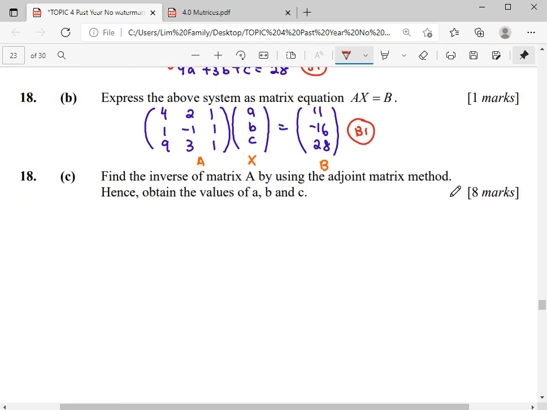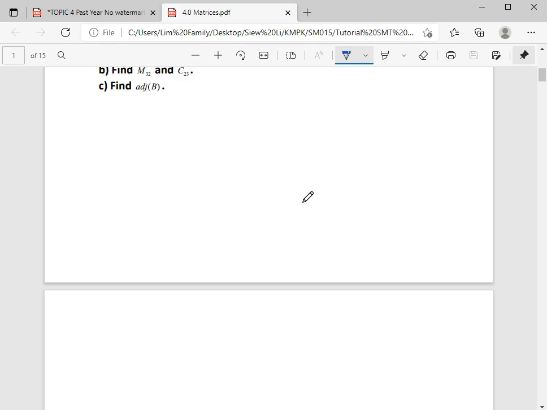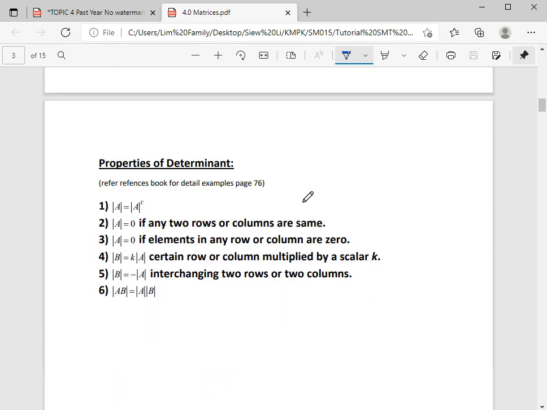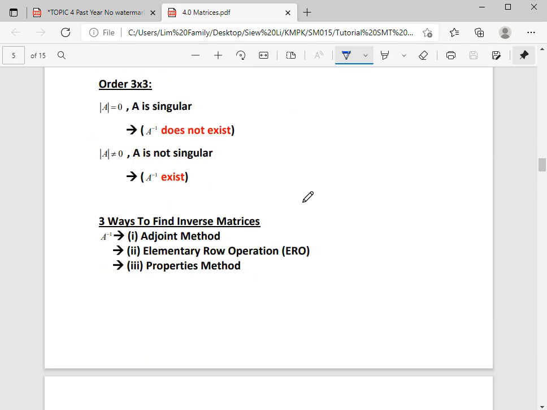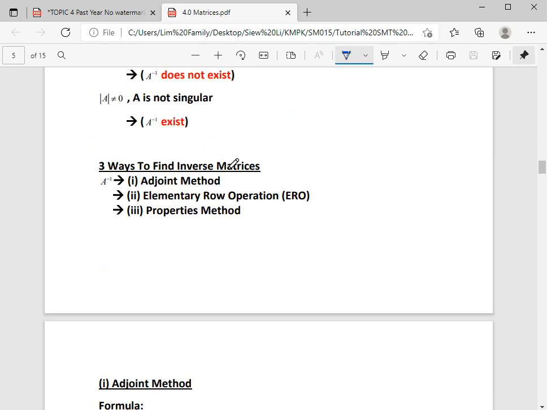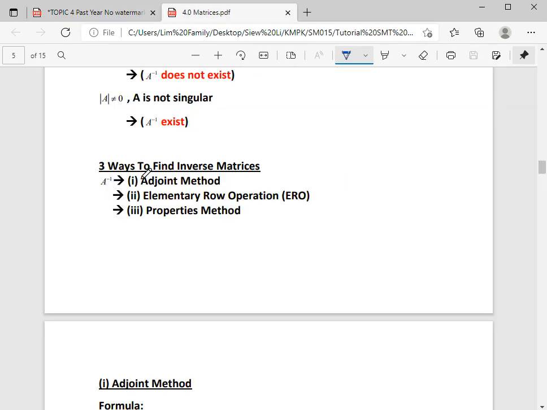Next, we are going to find the inverse of A. When you want to find the inverse of A, we have to refer back to how many methods we can use. We have 3 methods to find the inverse: adjoint, ERO, or properties. For this question, they mention using the adjoint method, so they picked the adjoint method.